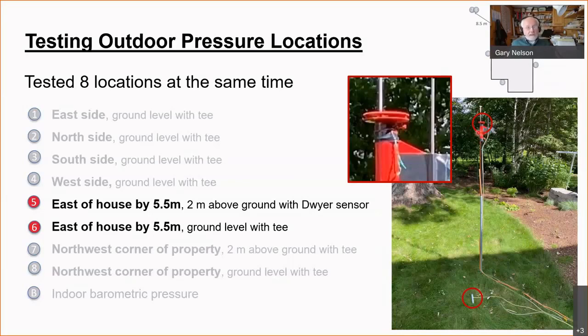It's designed to go above the roof of a building to sense the reference pressure for a building pressurization system connected to a commercial building ventilation fan. These are available from a bunch of different manufacturers.